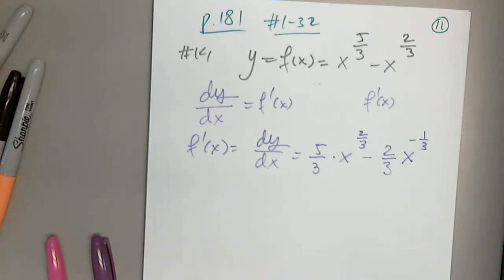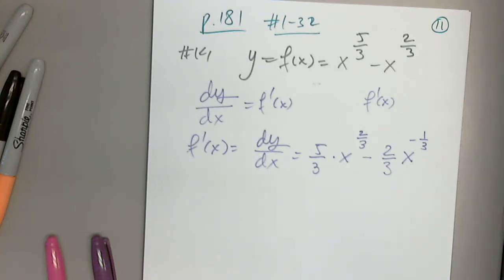How did you get that? So 5/3 comes in front, and I subtract 1 unit from 5/3, and I get 2/3. And then 2/3 comes in front, and I subtract 1 unit from 2/3, and I get negative 1/3.